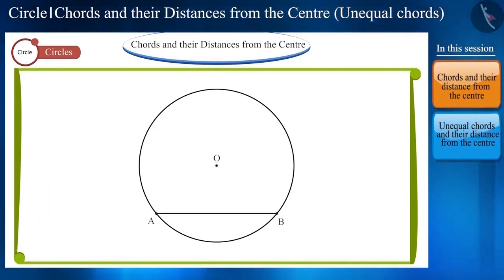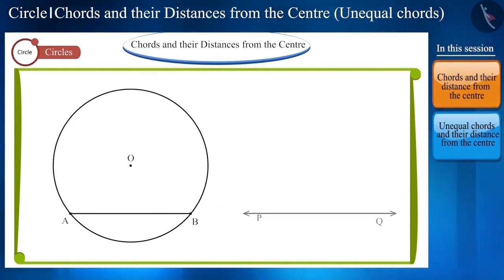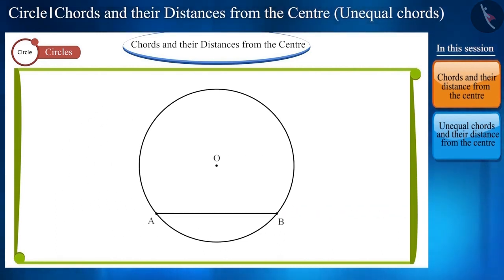Let's understand it. Friends, we know that a line is made up of infinite points. Line segment AB is also made up of infinite points. And you can see that center O is not situated on line segment AB.